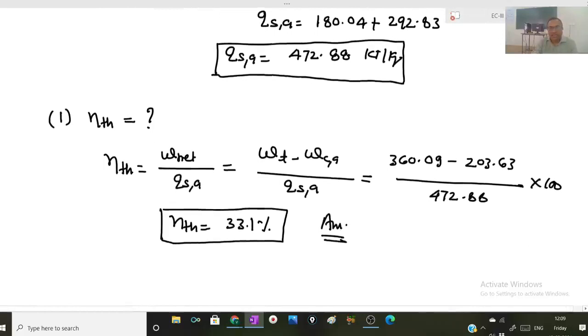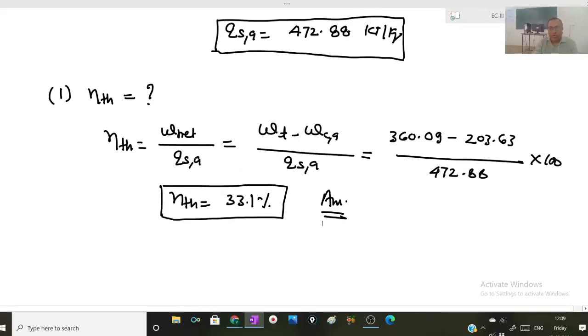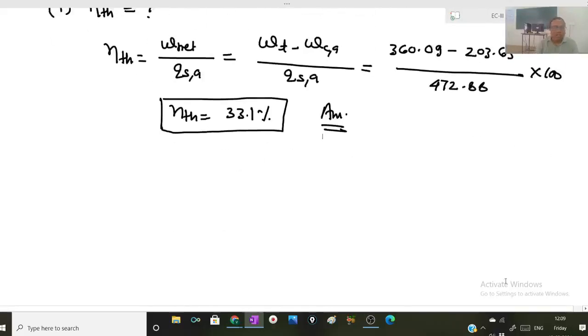Then answer number 2. What is that? Point number 2, what we are supposed to calculate is the work ratio. Now if you remember, work ratio is nothing but the actual net work output to the turbine work.